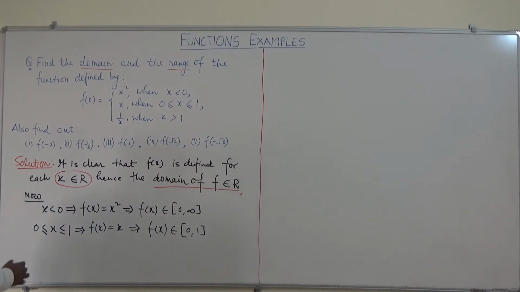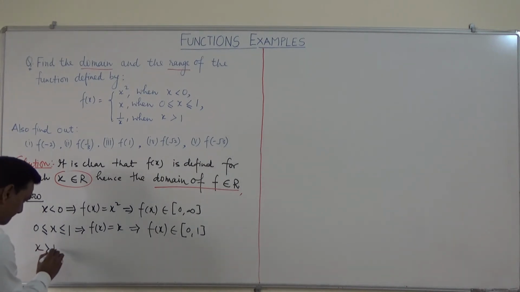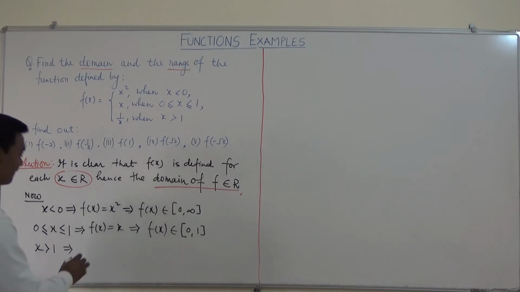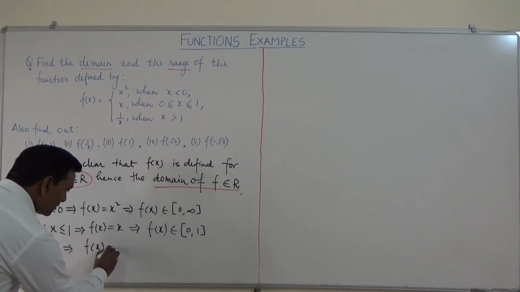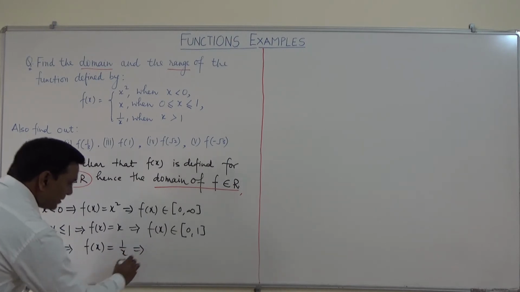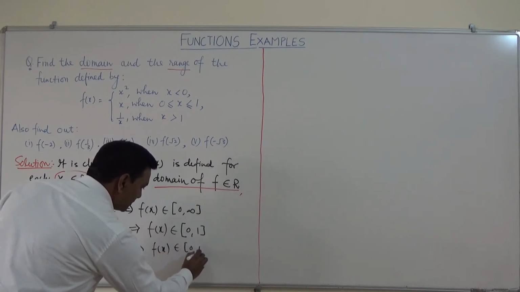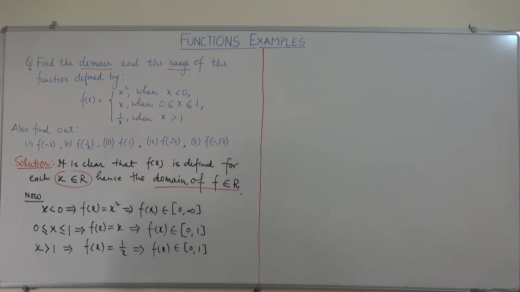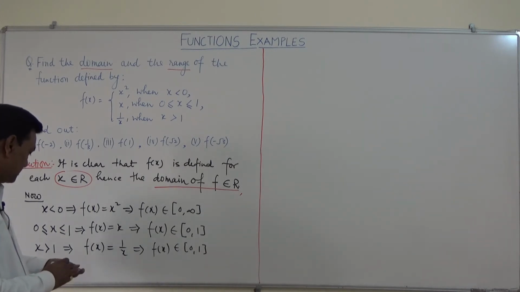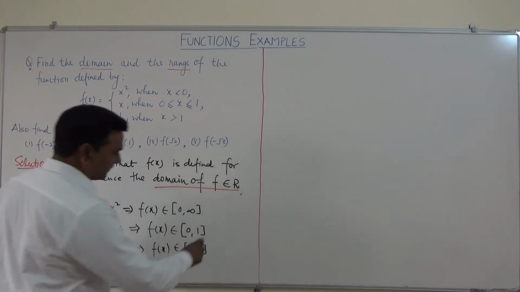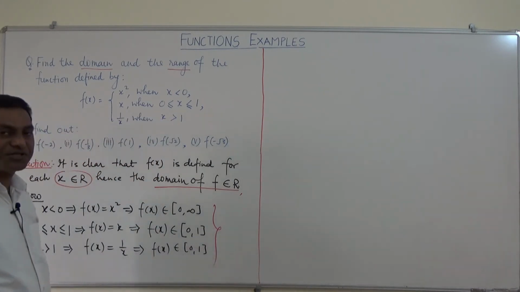And the third one is because x is greater than 1, which implies f(x) equals to 1 upon x implies f(x) belongs to (0, 1). Now with the help of these three we will see the range of the function.